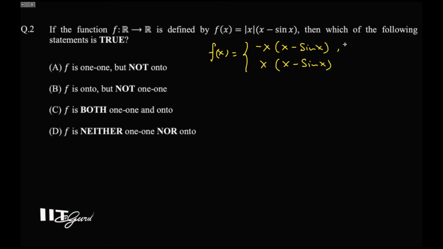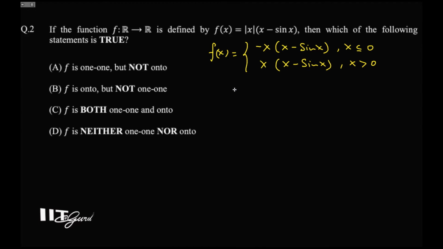In both the cases, here x is less than or equal to 0, and here x is greater than 0. You can put equality either here or there, it is dependent upon you.